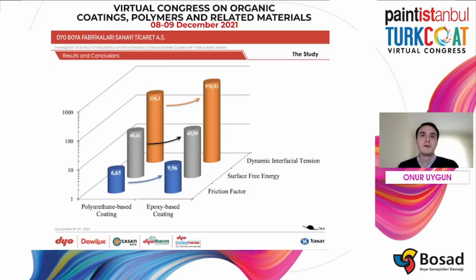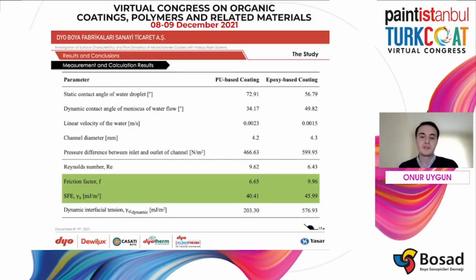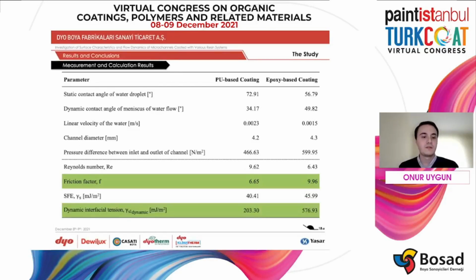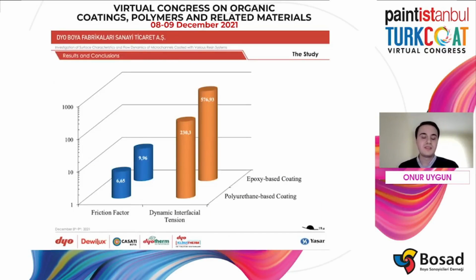So we decided to make these comparisons between surface free energy and friction factor, and dynamic interfacial tension and friction factor. So this is the 3D graph of comparison between dynamic interfacial tension and friction factor for polyurethane and epoxy-based coatings.